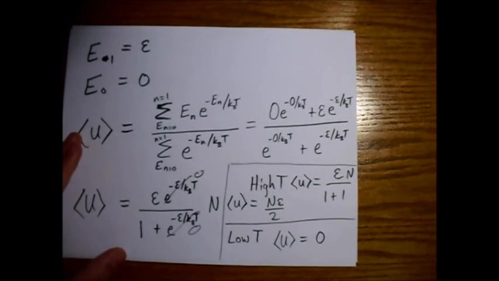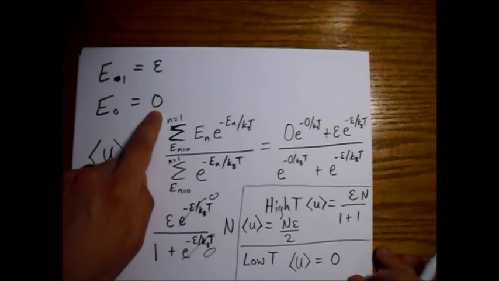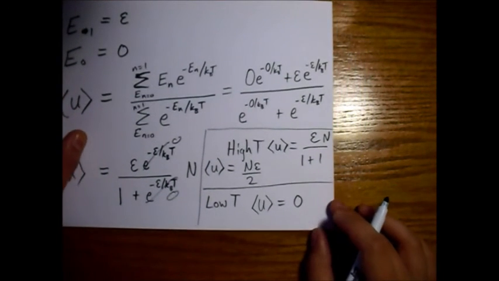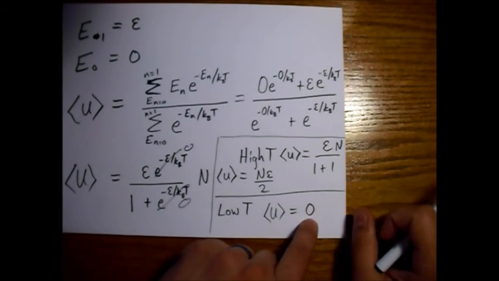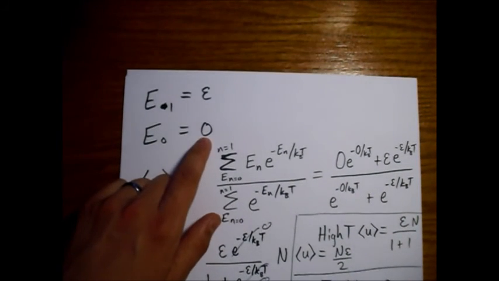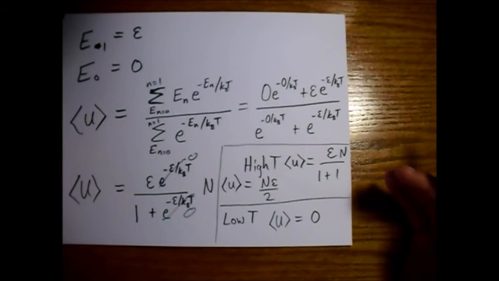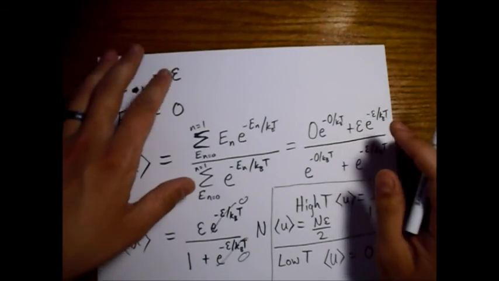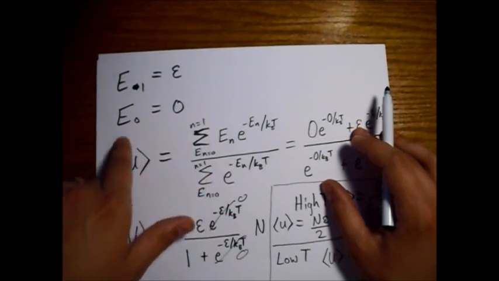I think the reason I got confused is originally when I worked this out, I didn't call this lower state 0, I just called it E. And maybe that's more illustrative, because the only reason this is 0 is because we called this 0 here. The essence of what's going on is that at very low temperatures, all of the particles drop down into this lower state.